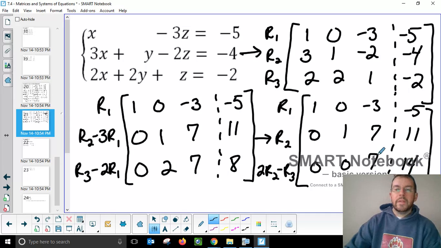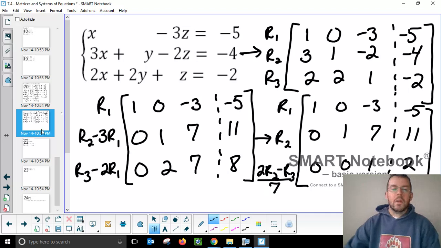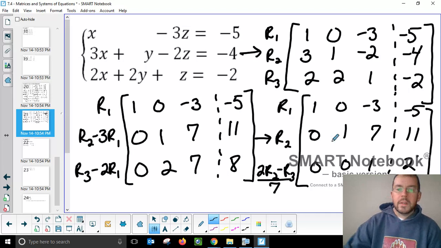Now, of course, eventually we're going to want this to be a 1. And these are both multiples of 7. So I can literally just divide everything by 7. And when I do, this will be a 1, and this will be a 2. All right, so second time through, I fixed my second column, 0, 1, 0, good to go.